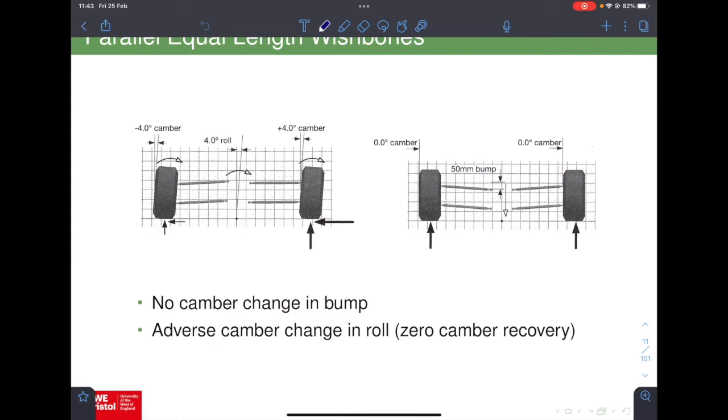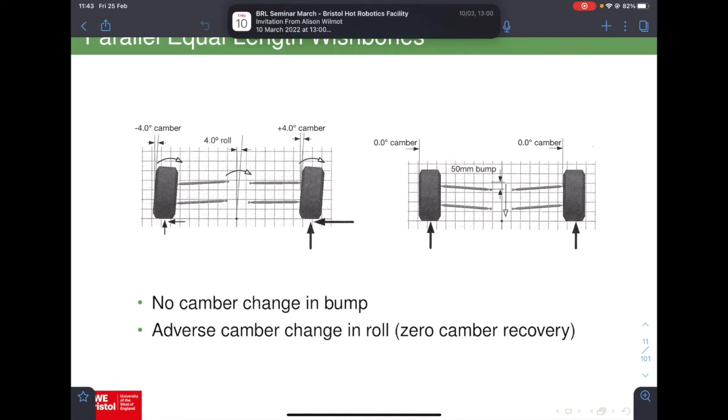It's going around the left-hand corner, so all the loads are going to be on this side. Ideally you want the camber towards the inside of the wheel, because then you get that additional camber thrust effect. Because they're parallel and equal length, the wheels roll by the same amount as the body. But in squat or dive, there's no change in camber, which is what we've designed.